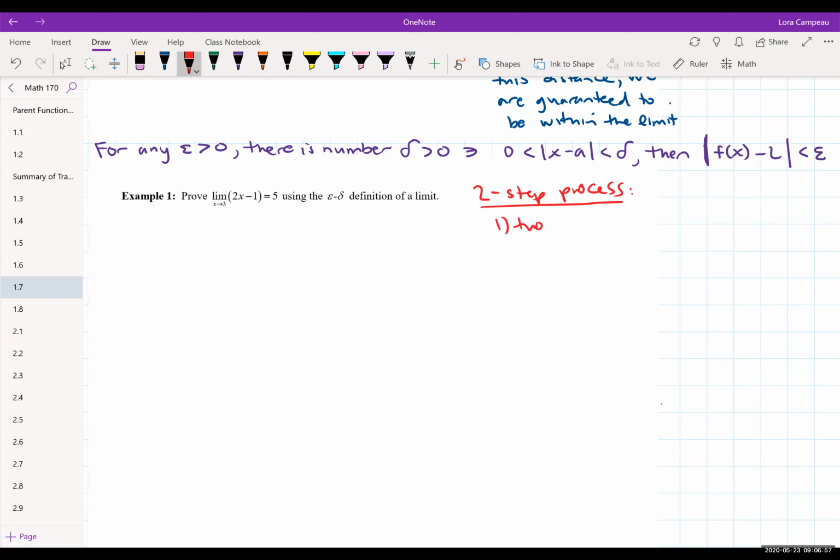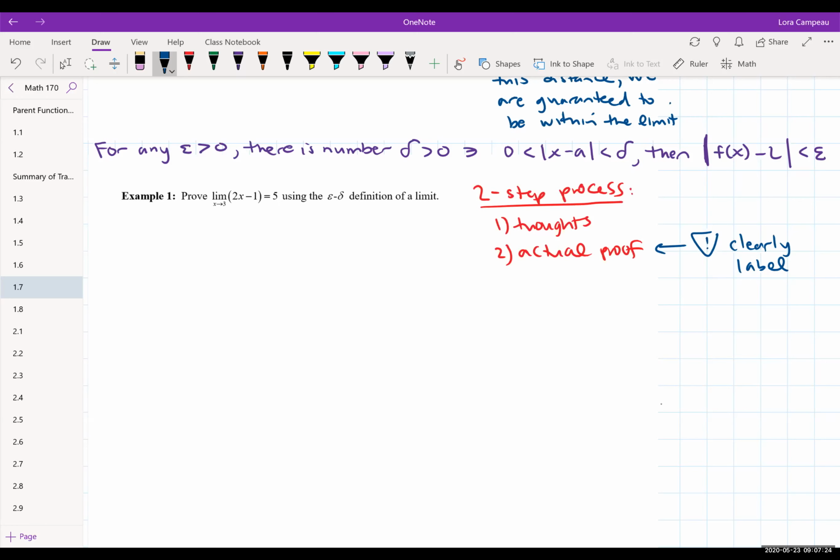So we have thoughts, and then we have the actual proof. And if I were to collect these, you're going to want to clearly label this because you're going to need the proof for credit. So don't forget, clearly label this as the proof so I don't get confused between your scratch work and your thoughts.